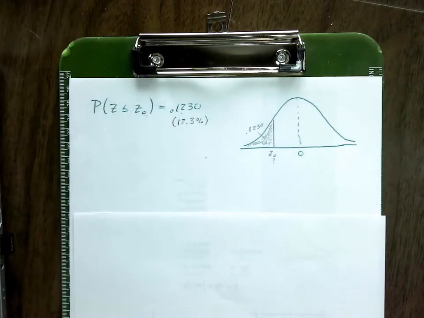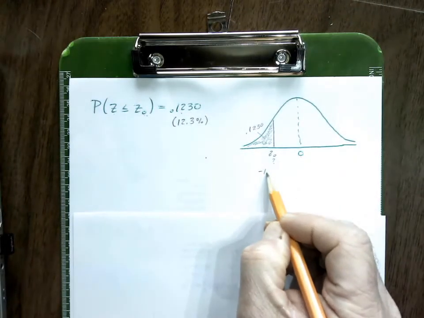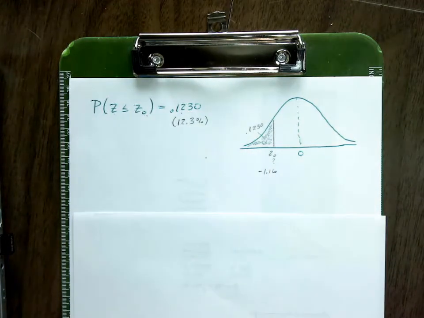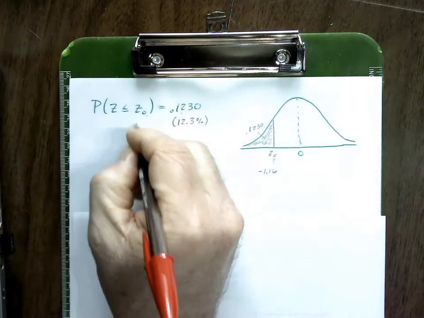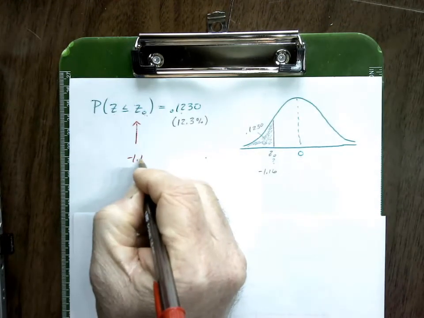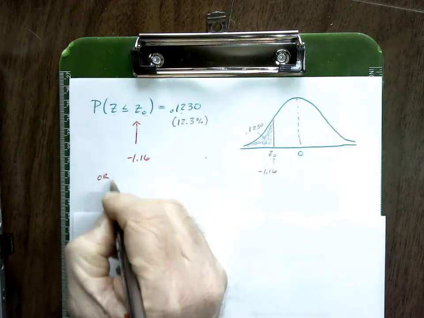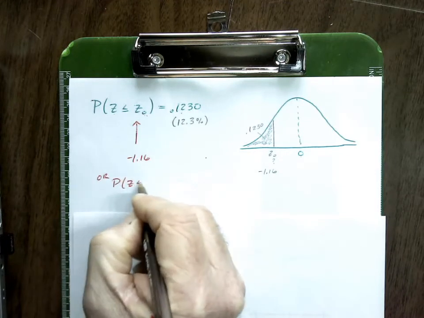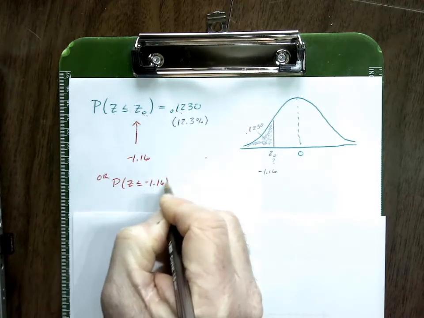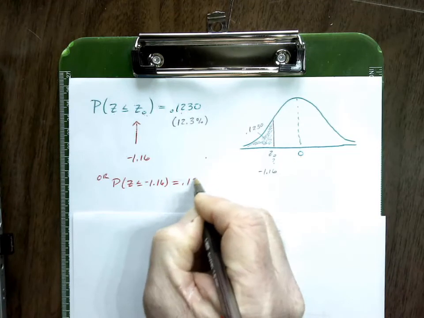So this value right here is negative 1.16. So the z-score I'm looking for is negative 1.16, or the probability that z is less than or equal to negative 1.16 is 0.1230.